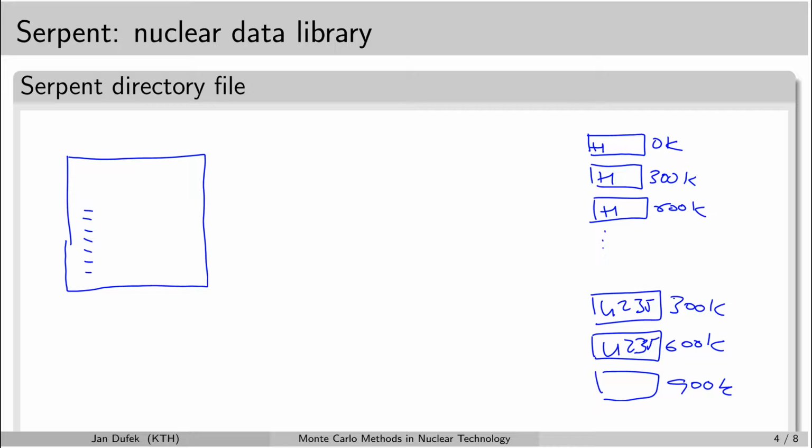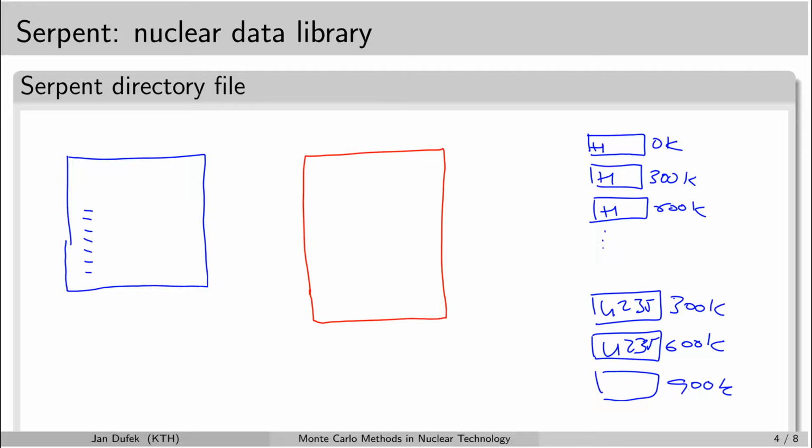That would be a very cumbersome process, because we would have to check where the cross-sections are present on the hard drive. So in order to avoid this mess in the input file, another file is introduced. It's called the directory file, and it stands in between your input file and the cross-section library.